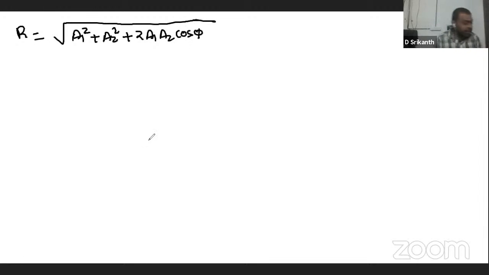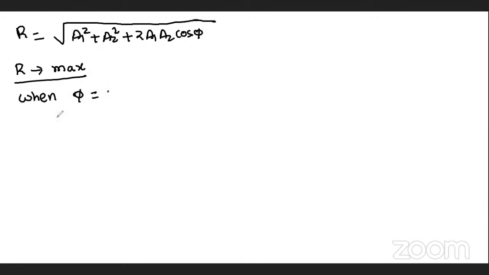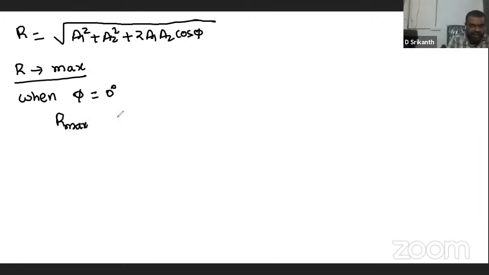Now I want to find the conditions for when the resultant amplitude is maximum. a1 and a2 we are not changing the values. When phase difference between the waves is equal to 0 degrees, then maximum amplitude, I can write it as a1 plus a2.